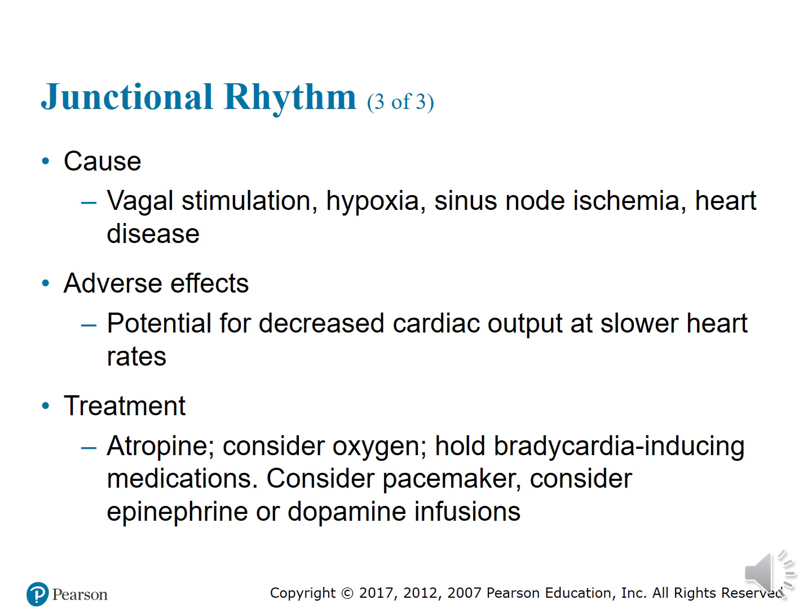Causes of a junctional rhythm are vagal stimulation, hypoxia, sinus node ischemia, and some type of heart disease. Adverse effects are the potential for decreased cardiac output at a slower heart rate, due to the fact that your heart is beating at a slower pace.